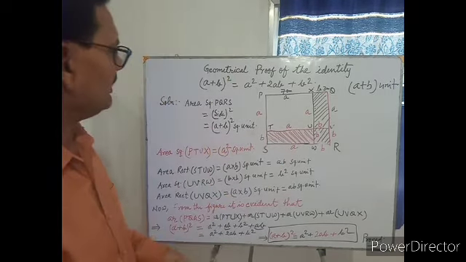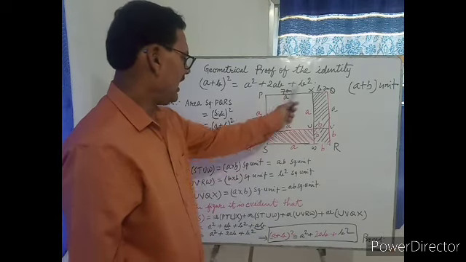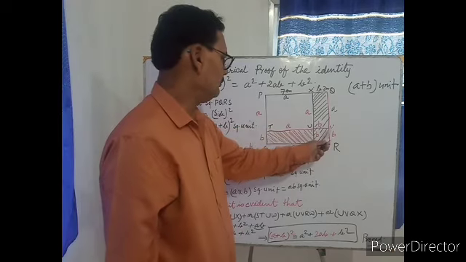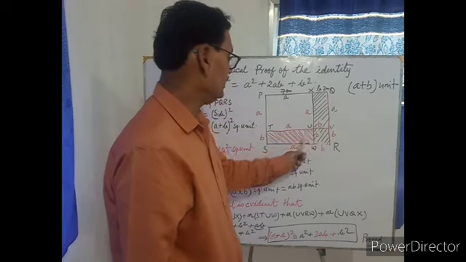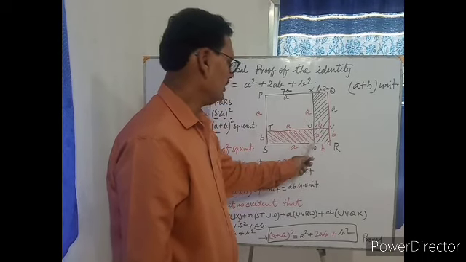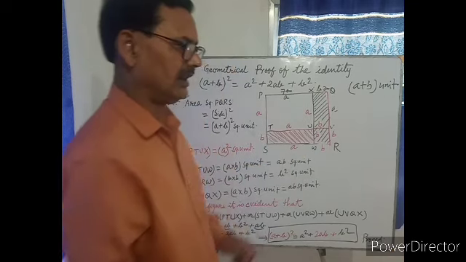So we are having four figures: PXUT is a square, XQVU is a rectangle, UVRW is a square, and STUW is a rectangle.